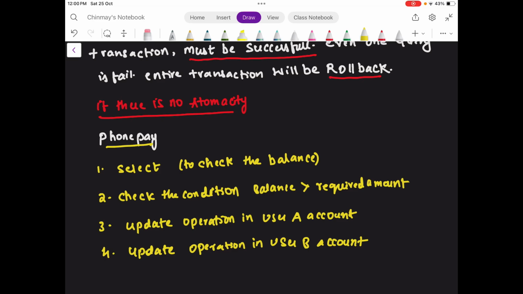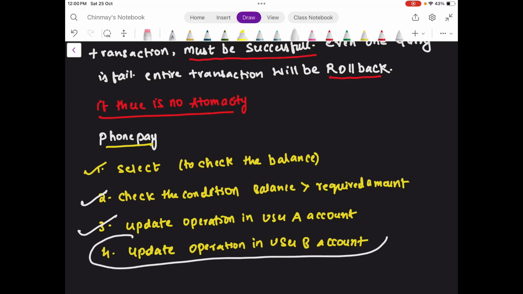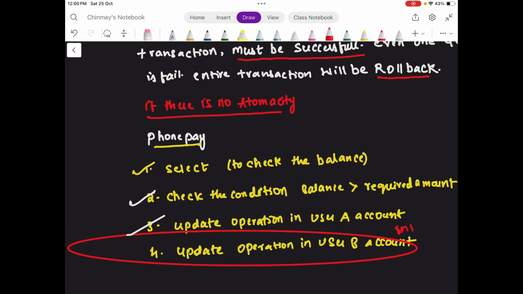Okay, let's understand. For example, you initiate the transaction, you enter the amount and you transfer. That means the select statement is completed, the check condition is evaluated, the update operation is also completed. But while updating the user B account, your internet connection is gone.